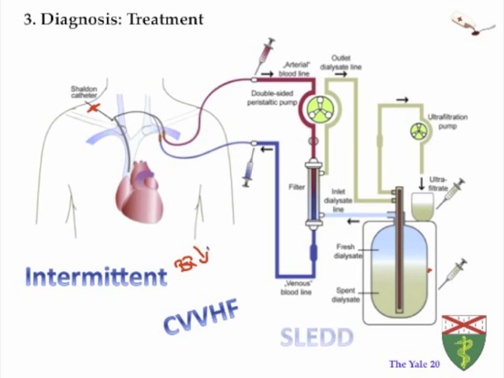A balance of the two is something called SLED, or sustained low efficiency daily dialysis, which removes fluid more quickly than CVVH, but not at the same rate as intermittent hemodialysis.